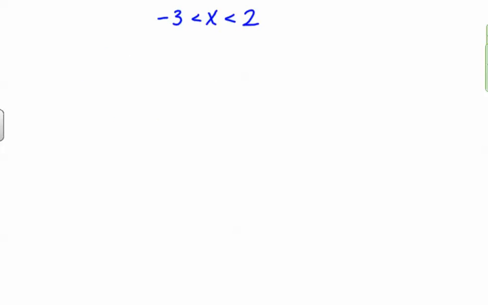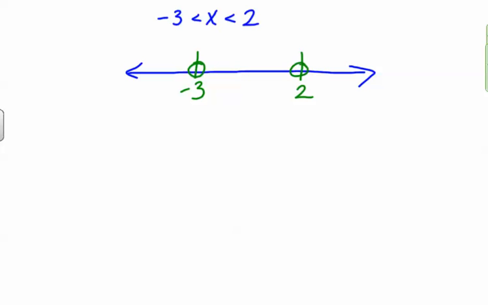Now let's look at an interval that has 2 endpoints, 2 reference points. So this compound inequality is showing that all the x's are between -3 and 2. And graphically, here's how I would show the set of numbers between -3 and 2.